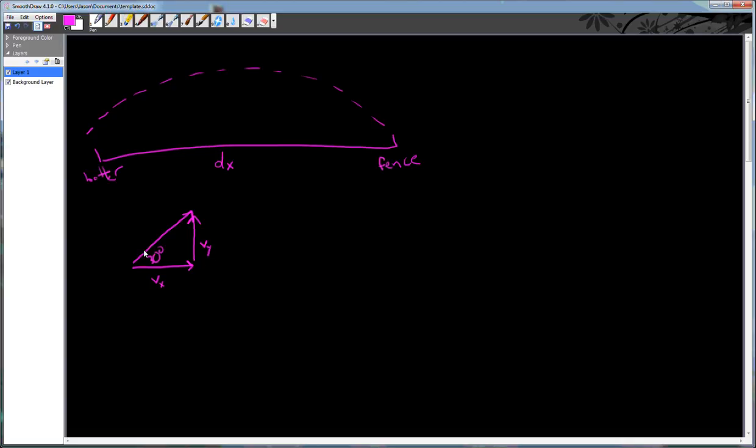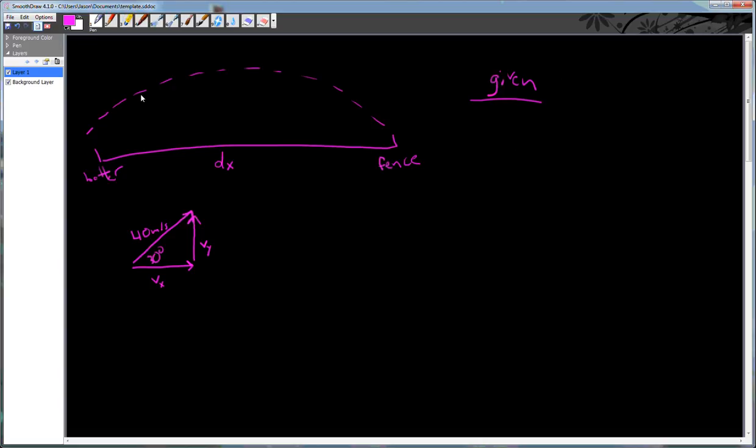We know it's hit with an initial velocity of 40 meters per second at this angle, but we need our Vx and our Vy. Alright, what do we get? We're given that initial velocity, but we need to find our components of it.